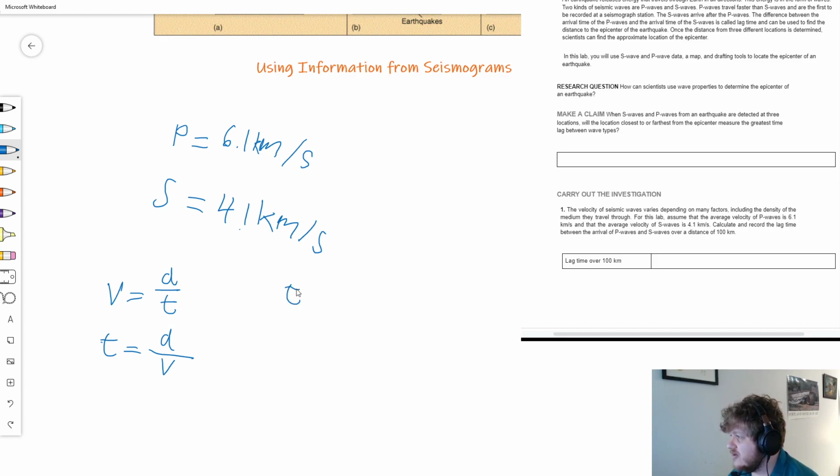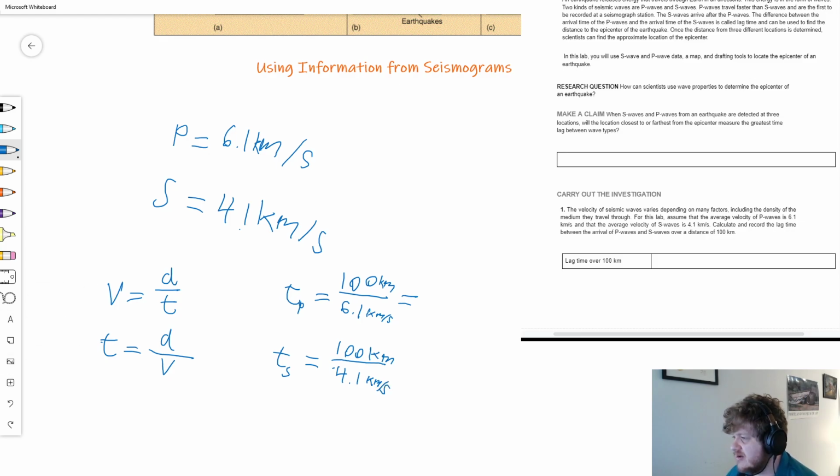So t for our P waves equals 100 kilometers, and we're dividing by 6.1 kilometers per second. Then the time for our S waves would be 100 kilometers over 4.1 kilometers per second.